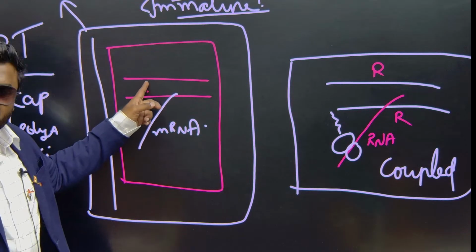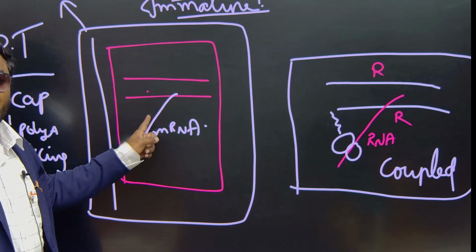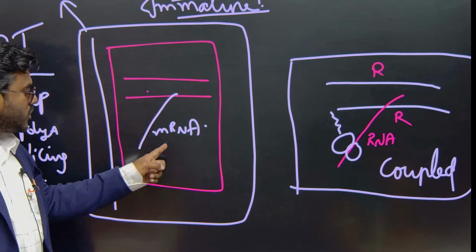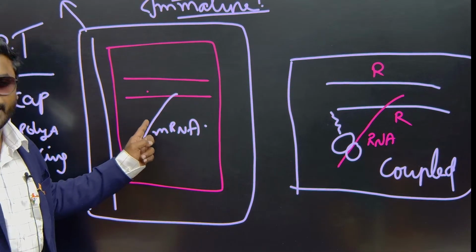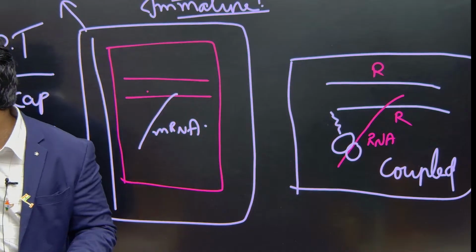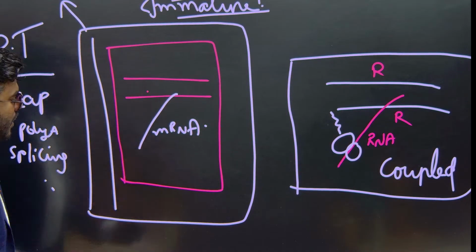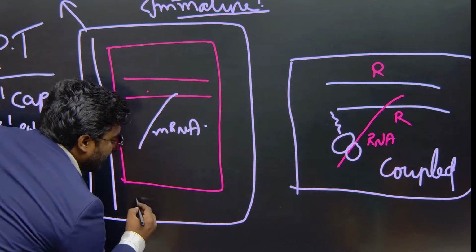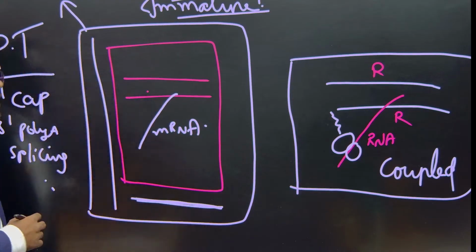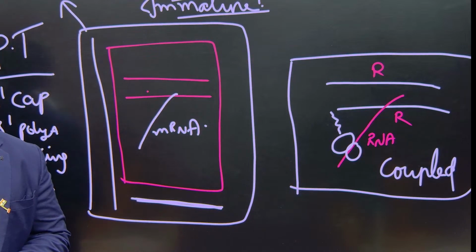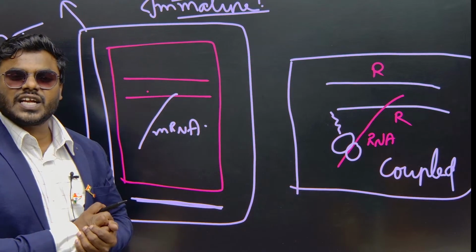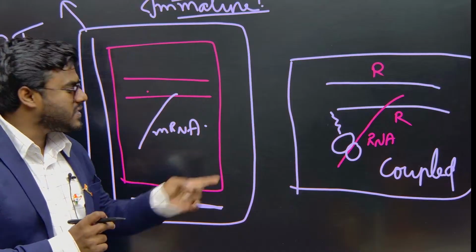Replication happened within the nucleus. Transcription happened within the nucleus. Post-transcriptional modifications happen within the nucleus. After that, the mRNA which underwent the processing finally enters into the cytosol. There it undergoes the mechanism of translation. Now tell me, where is the site of the post-transcriptional processes in prokaryotes?